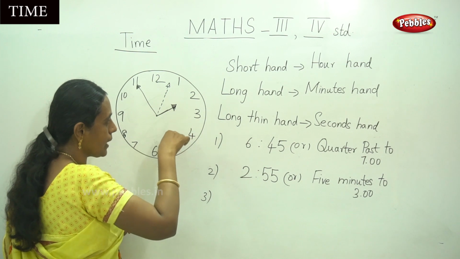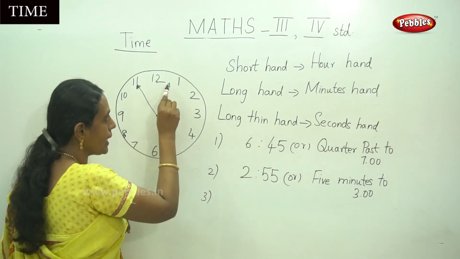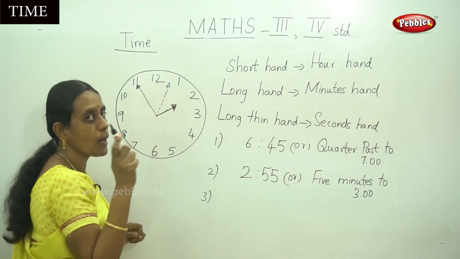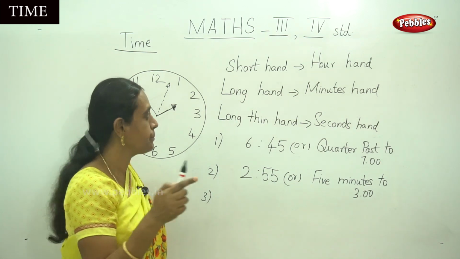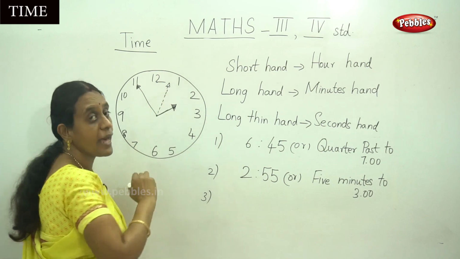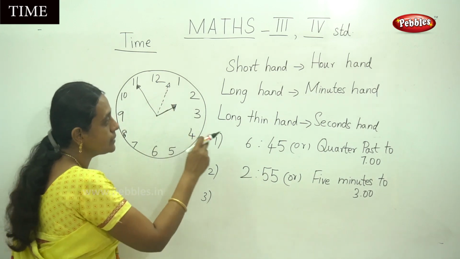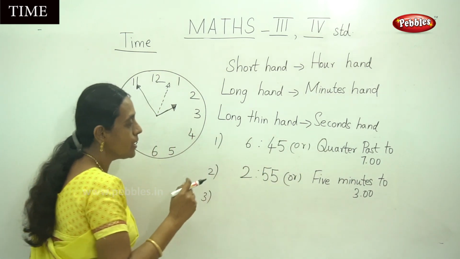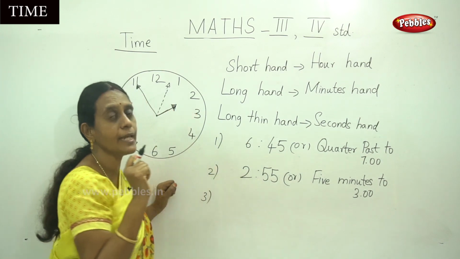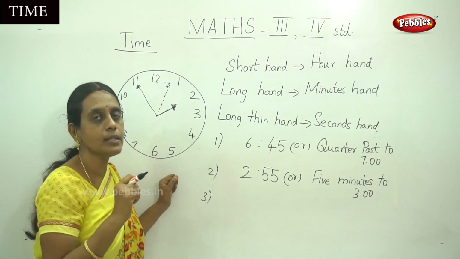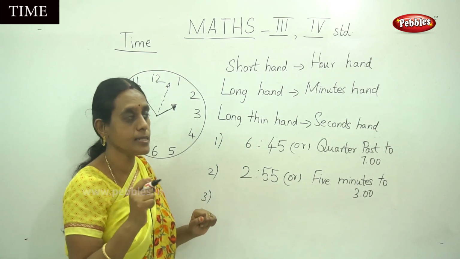It turns around once from 12 back to 12, and that is 1 minute. It shows the seconds. We should also learn the table of time, that is 1 day, 24 hours.